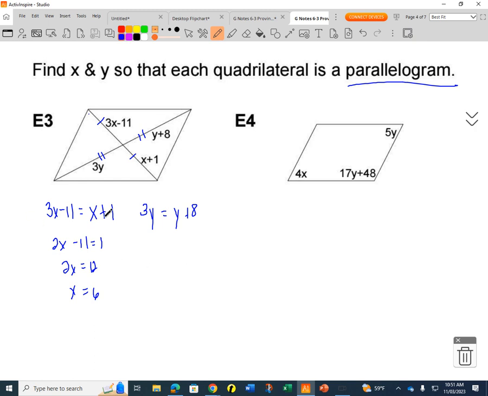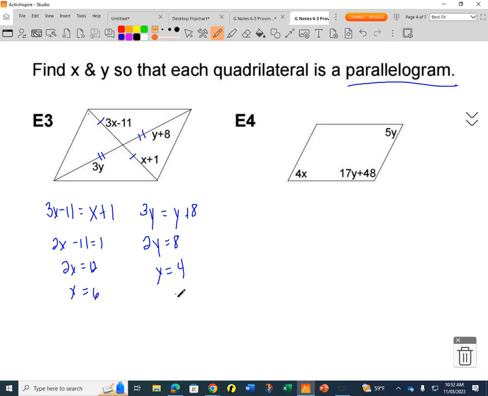So I've got my variables on the same side, add 11 to both sides, and divide by 2 to get x equals 6. I'm going to get my variables on the same side here, divide both sides by 2, and y is 4. So what we're saying is when x is 6 and y is 4, these two diagonals would bisect one another, and this would be a parallelogram.